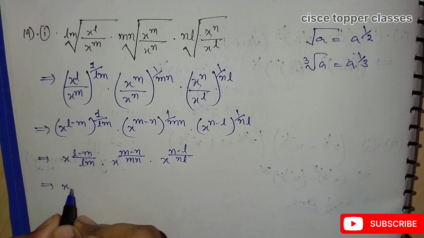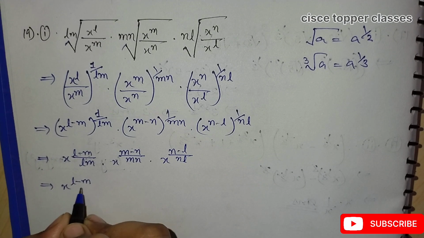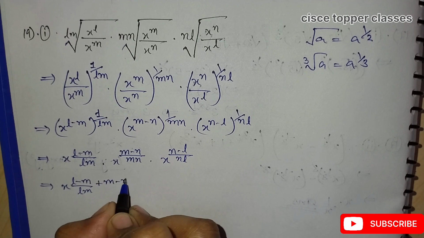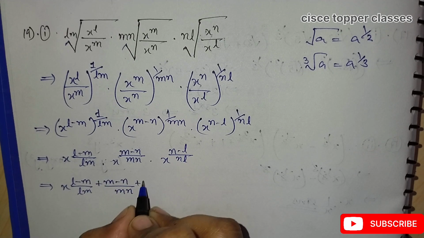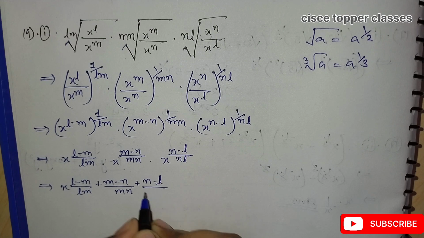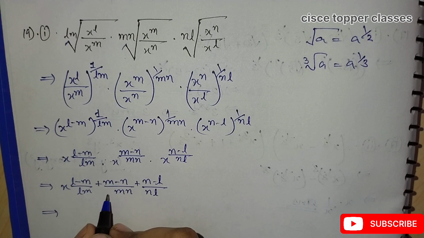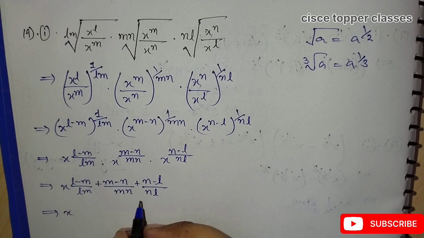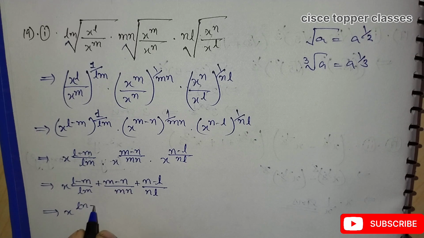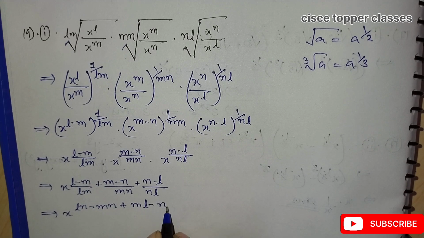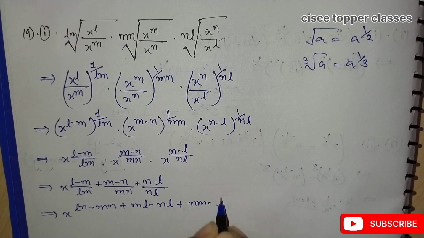So this is here x to the power (l−m)/lm + (m−n)/mn + (n−l)/nl. On taking the LCM we can write the numerator as (nl − nm + ml − nl + nm − ml) over mnl.